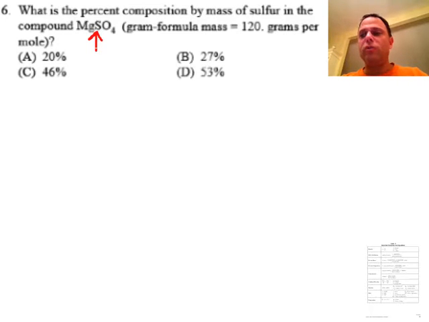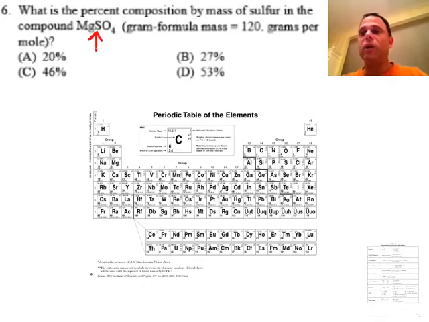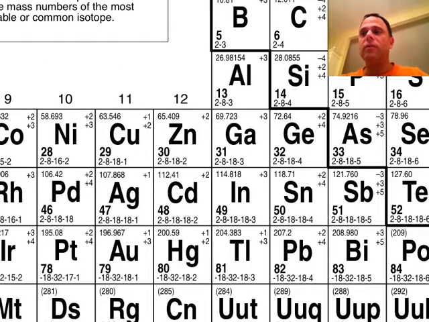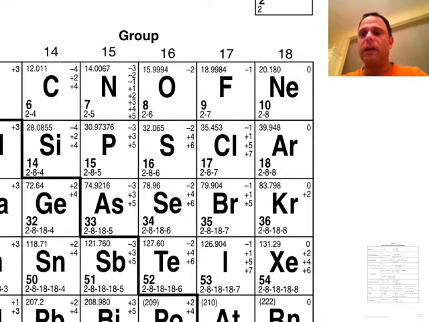And in order to find the mass of sulfur, I go to my reference table, my periodic table to be more specific, and I see that its mass is 32.065. Now I am going to round that to 32. That would be the most common isotope of sulfur.